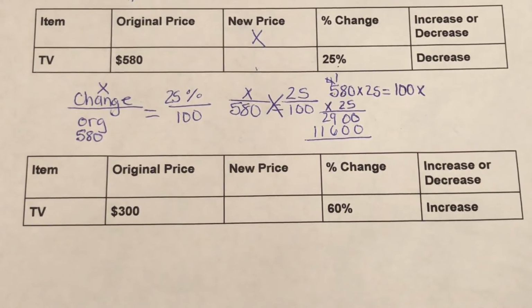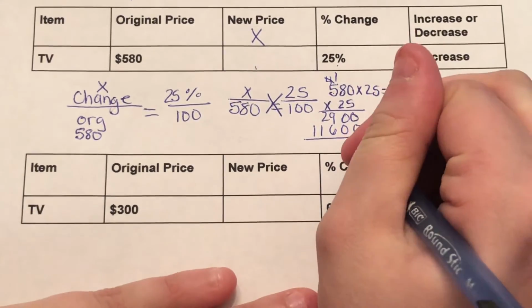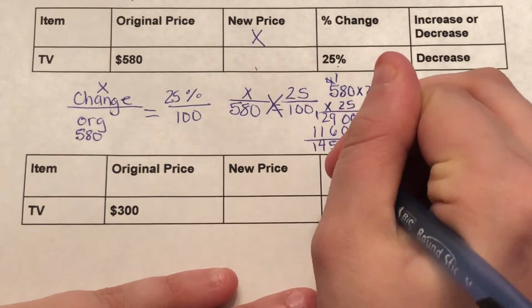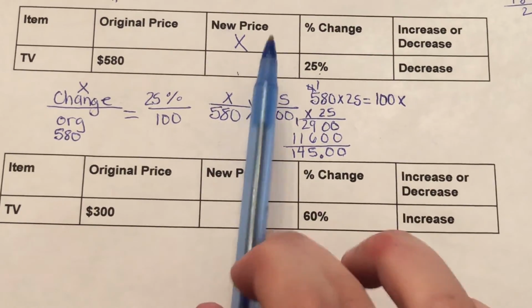Okay, so now what you're going to do is add the amounts, and you get $145.